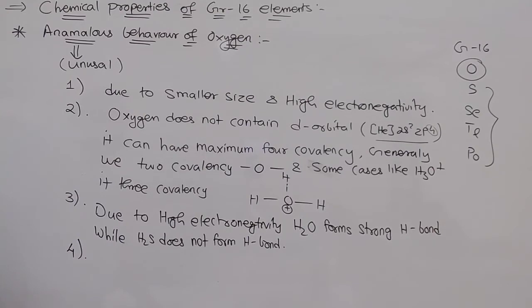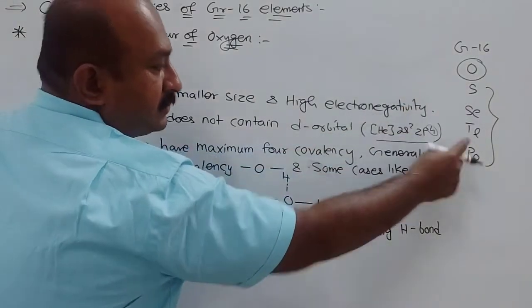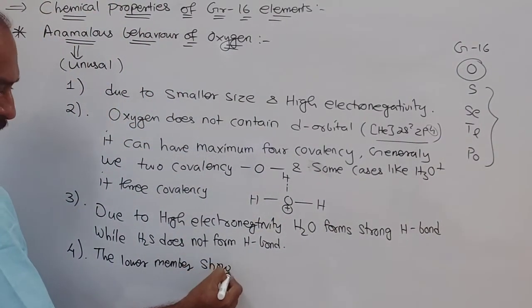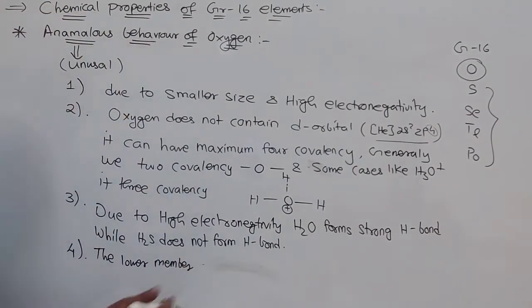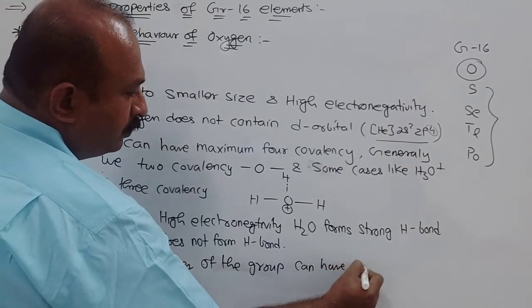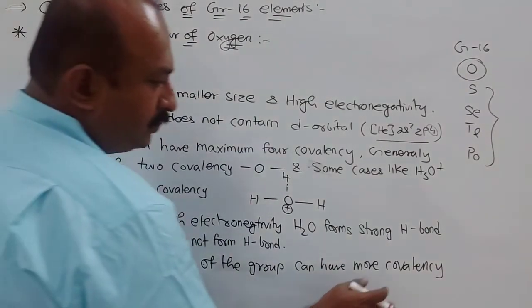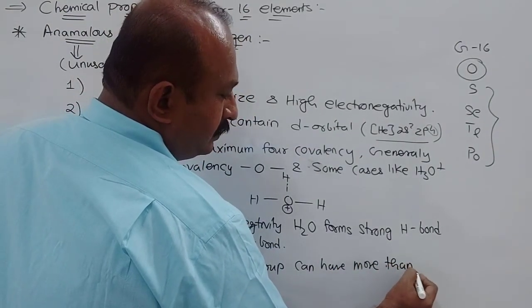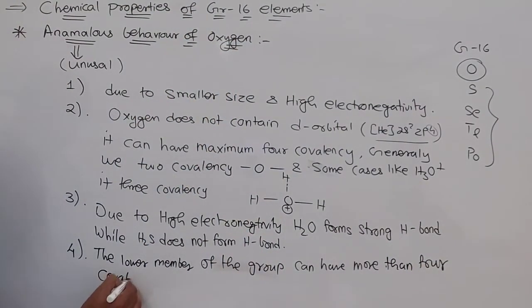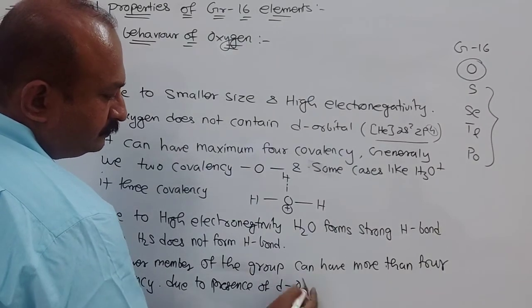The lower members of the group can have more than 4 covalency due to the presence of d orbitals.